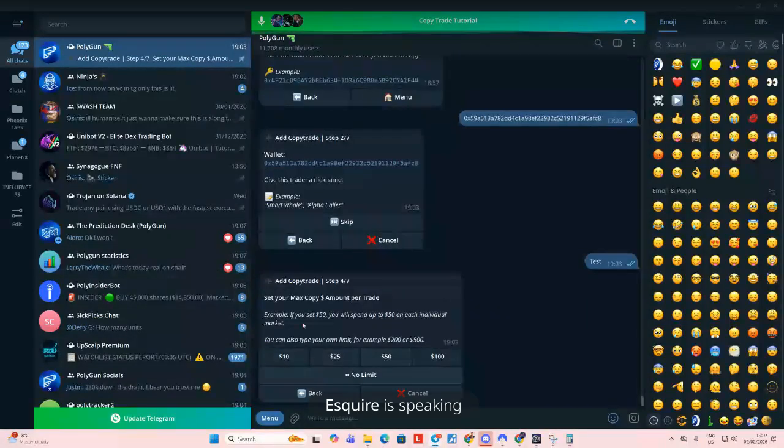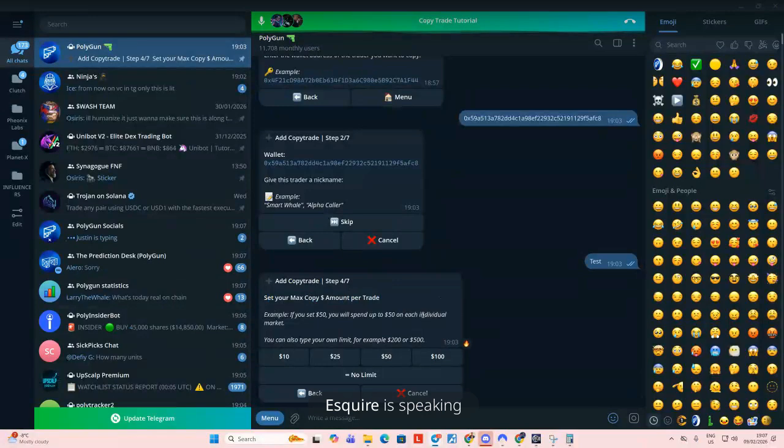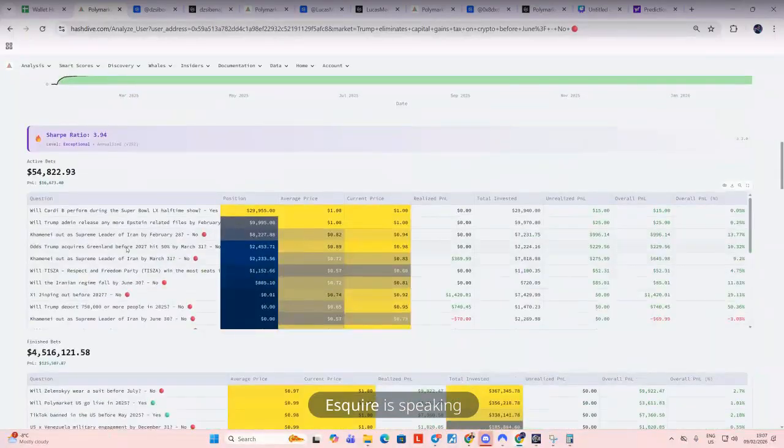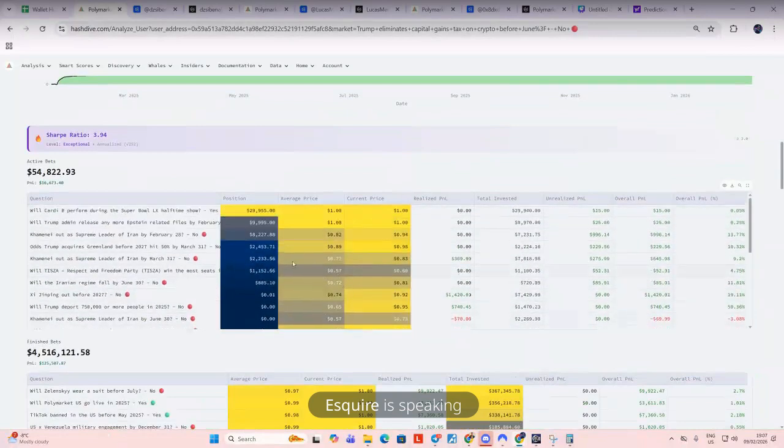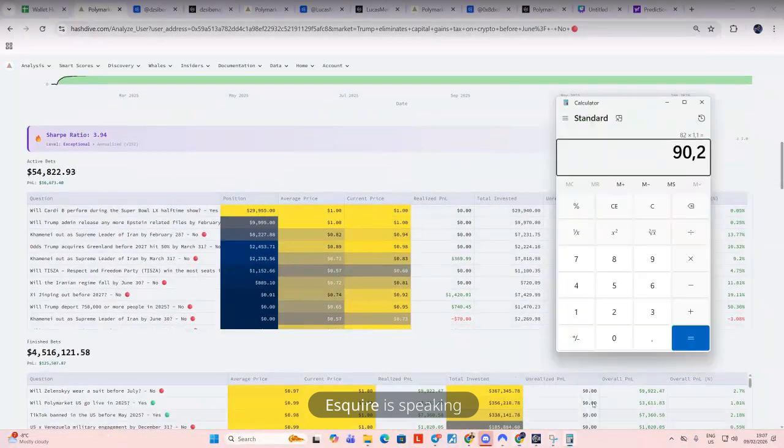The next step is the max copy amount per trade. Thinking of this, you can look at some of the positions that this guy takes. I don't think it's super high risk. Okay, this position here, $30,000.